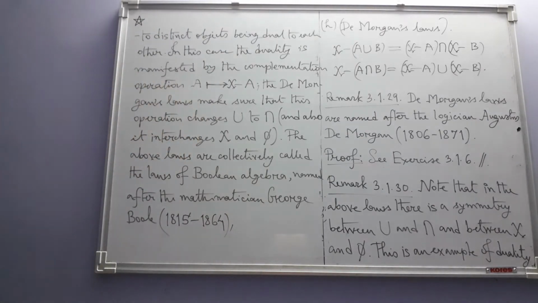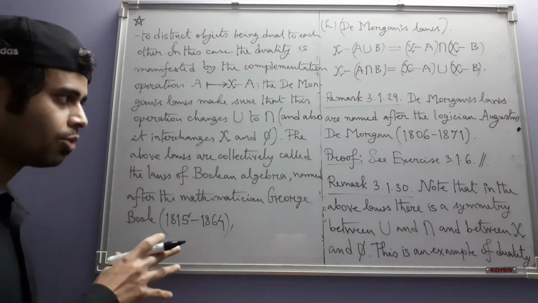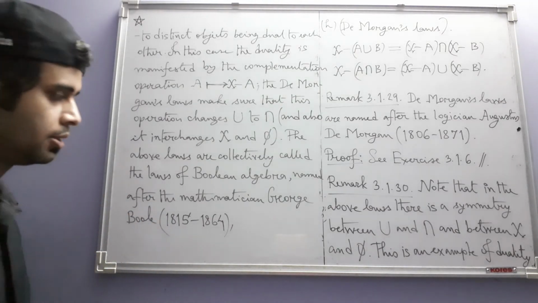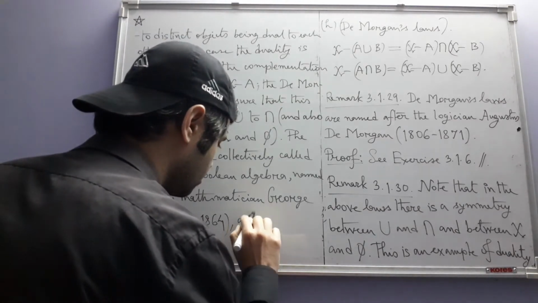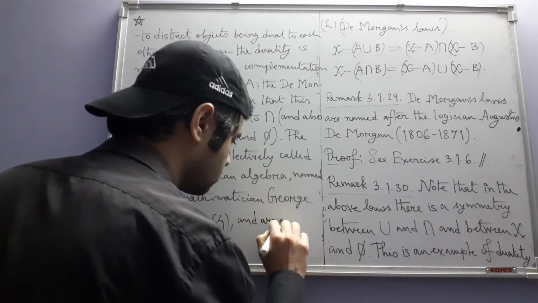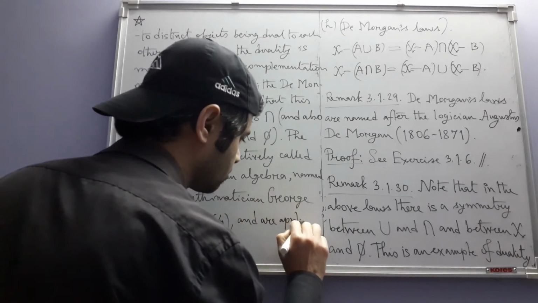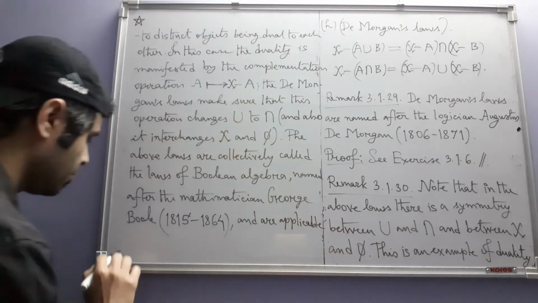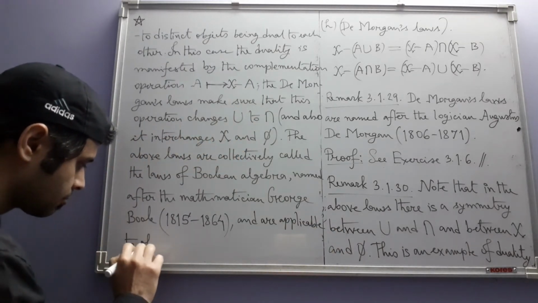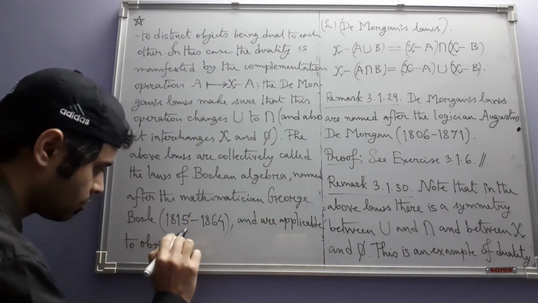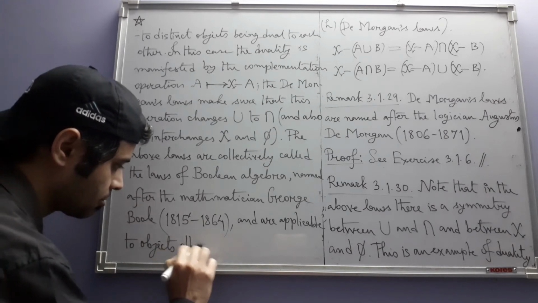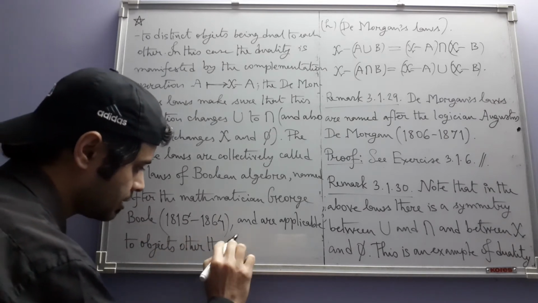And these laws are applicable to objects other than sets. Okay, so sets form one example of a Boolean algebra and the laws are applicable to objects other than sets.